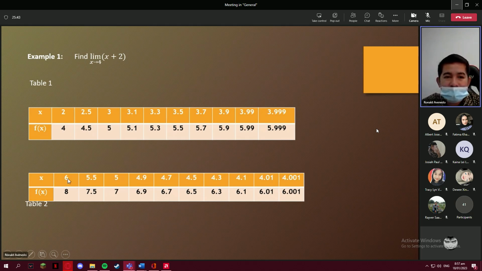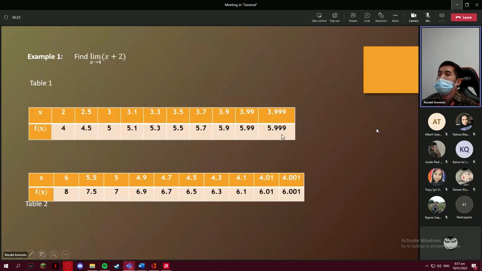So if x is 5.5, then that is 5.5 plus 2, that is 7.5. Now look at the f: 8, 7.5, 7, 6.9, 6.7, 6.5, 6.3, 6.1, 6.01, and 6.001.